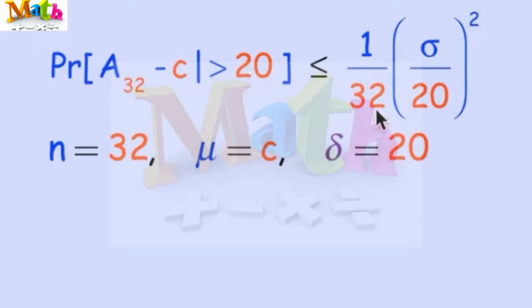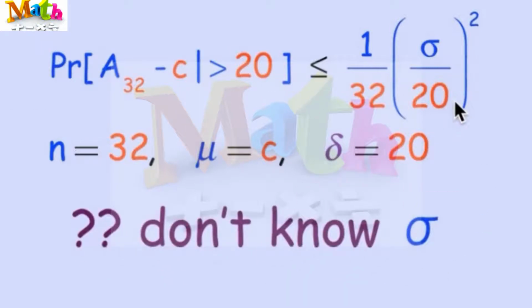So let's plug in our known parameters, 32 for n and 20 for the tolerance, and they plug in here. That leaves me with the standard deviation, which the formula requires, and I have to plug in. And that is a problem because we don't know what the standard deviation is.